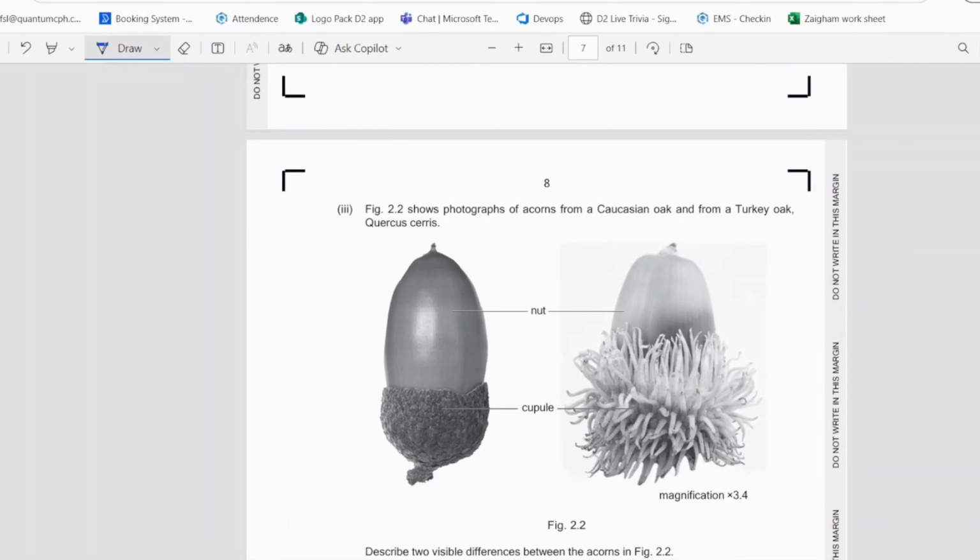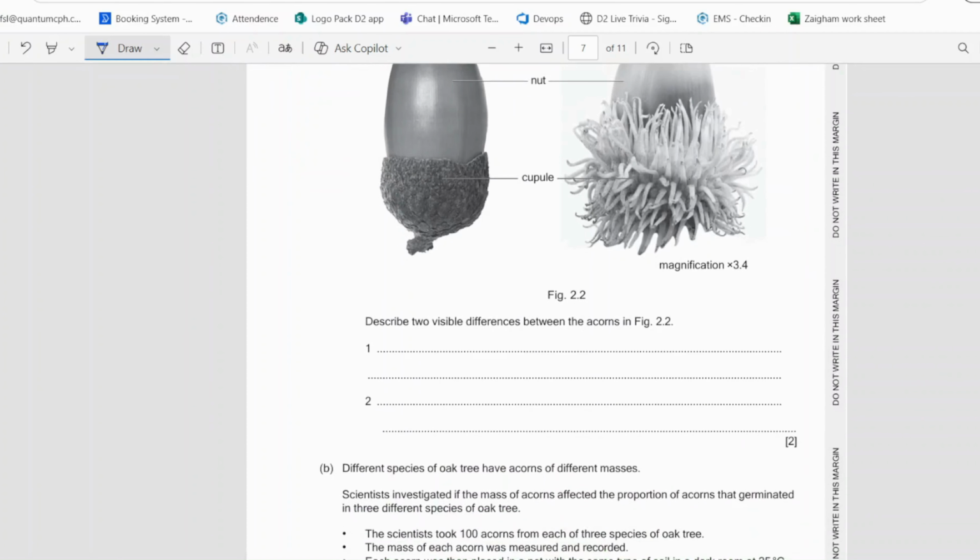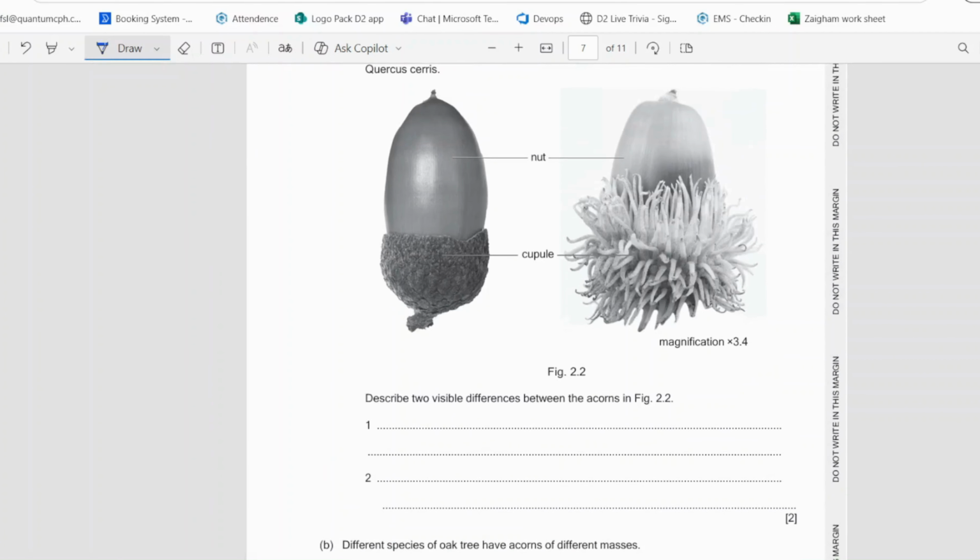Okay, this is a photograph of an acorn from a Caucasian oak and from a Turkey oak. So what is the difference between the two? Visible, like visible. It's written cupule.